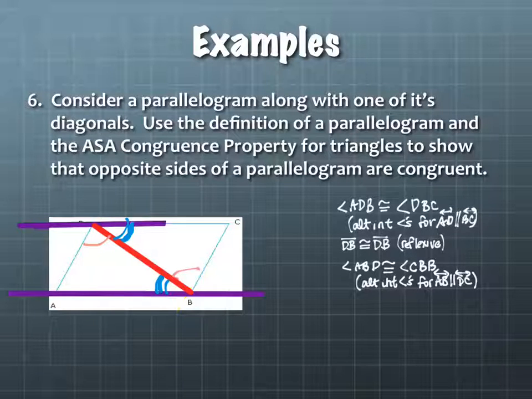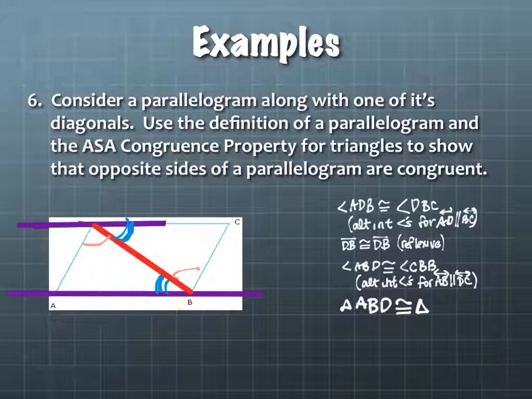All right, so now triangle ABD is congruent to triangle what? Got to have it in the same order. So which angle is congruent, do you believe, to A? C. Which angle is congruent to the, which one was it?